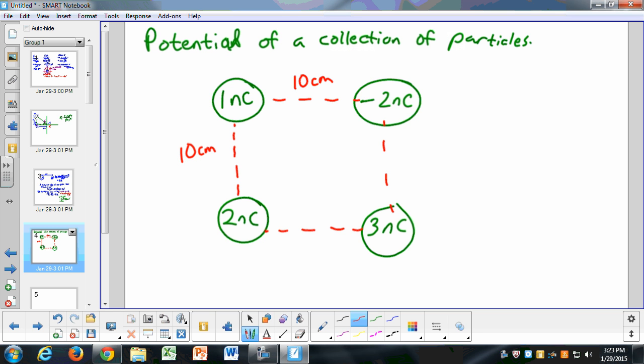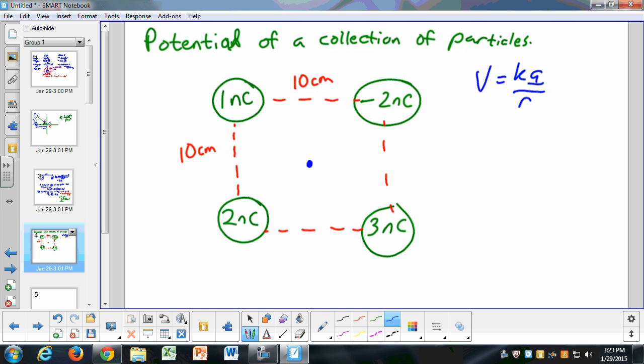And I want to know what is the potential at a point right in the middle. If we want to calculate the potential due to an individual charge, it's just going to be V equals KQ over R. So what I want to do here is find the potential, the energy per unit charge, at this point due to each of these individual charges, and then just add them all up.